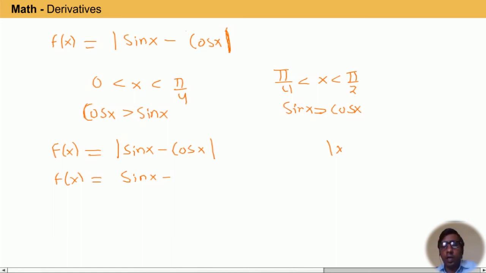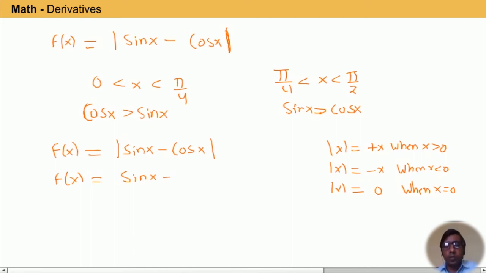According to that, mod x equal to x when x is greater than 0, mod x equal to negative x when x is less than 0, and mod x equal to 0 when x is 0. So here we will work according to the definition of modulus function.